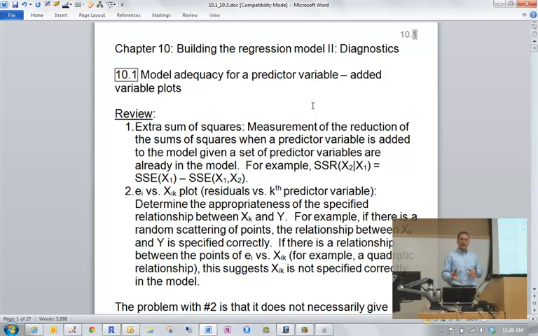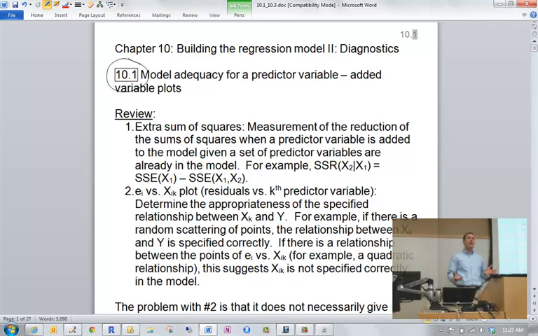A lot of what we're going to talk about was touched on in Chapter 3 and Chapter 6. But now we're going to go into more detail and also look at some better measures than what we could use back in Chapter 3. Section 10.1 looks at a topic we've addressed before: once we have a particular predictor variable in our model, what is the correct form of that predictor variable?